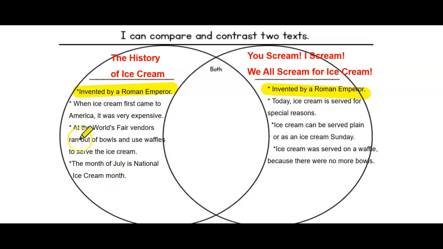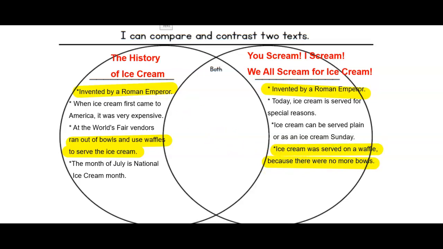Yes. Here it talks about running out of bowls, using waffles to serve the ice cream. And under You Scream, I Scream, We All Scream for Ice Cream, it also says ice cream was served on a waffle because there were no more bowls.